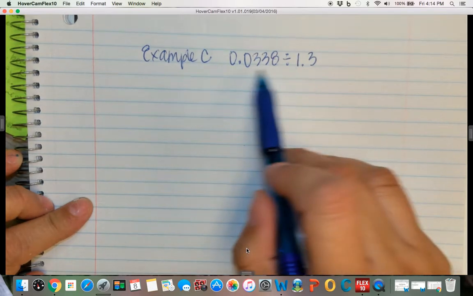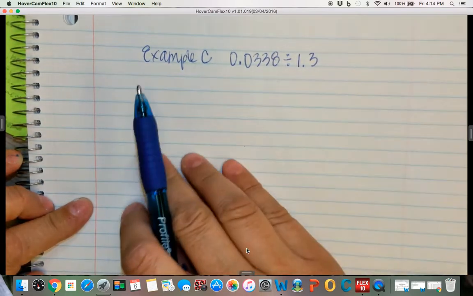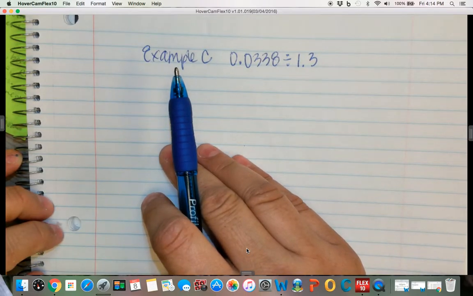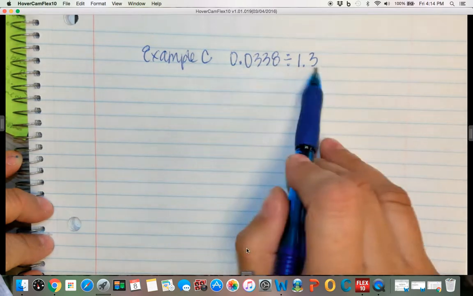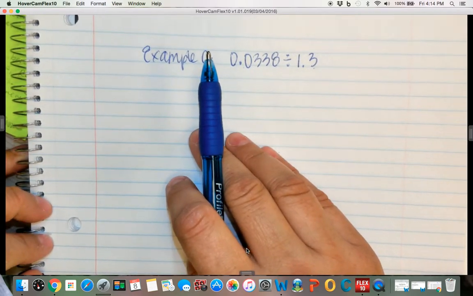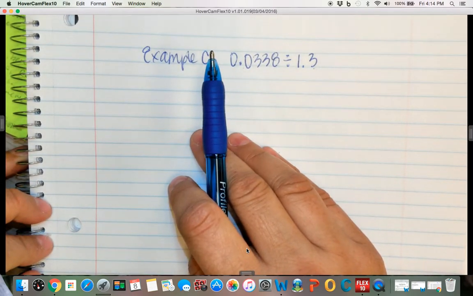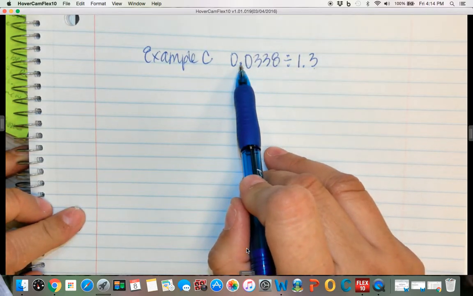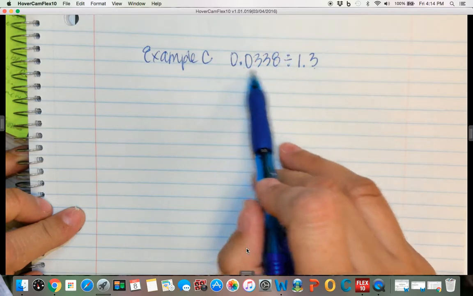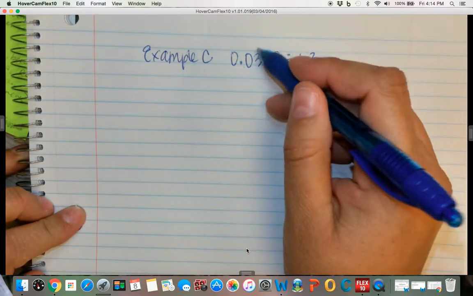Okay, my decimals are definitely in different places. I'm going to try and get rid of one of these to make it easier on myself to divide. I'm going to turn this one that I'm dividing by, because this one goes in the house.